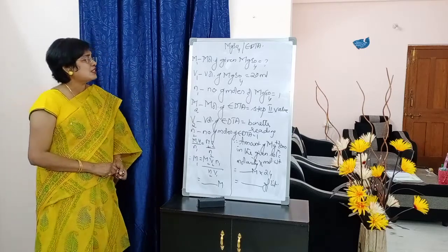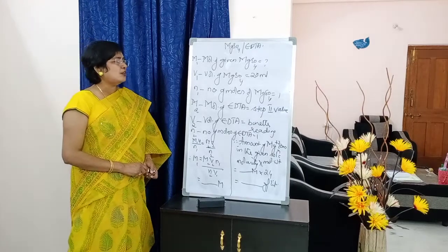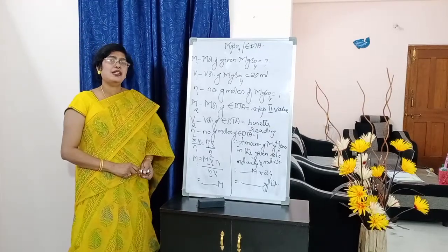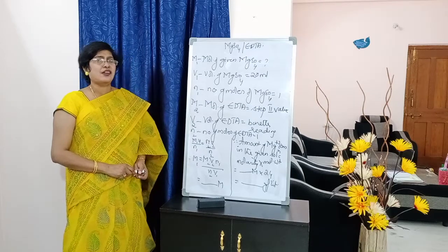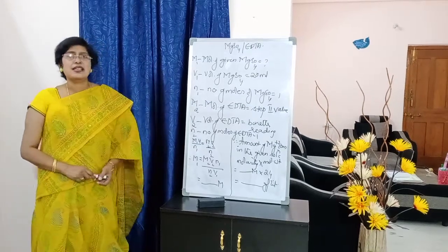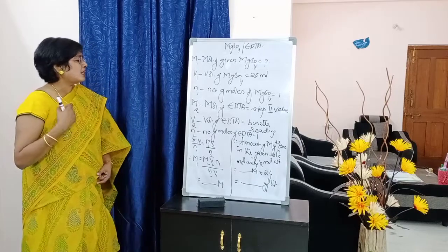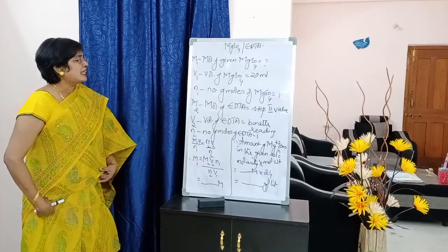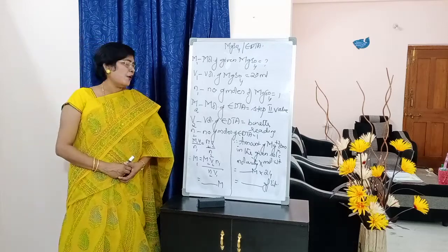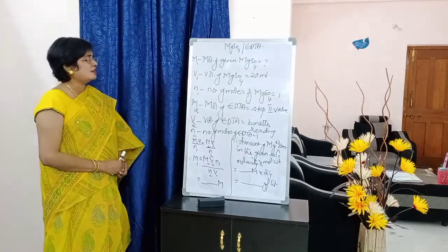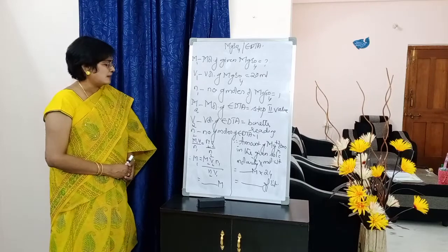Next comes, students, M2, molarity of EDTA, that is step 2 value. So in step 2 we calculated molarity of EDTA, right? So that value you will write down here. Next comes V2, volume of EDTA, that is the burette reading, students, where we get the end point. Next, N2, number of moles of EDTA is 1.